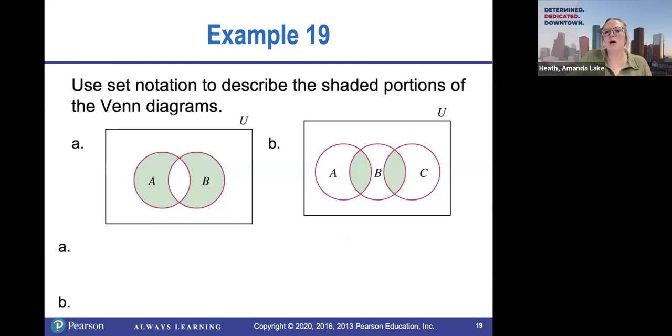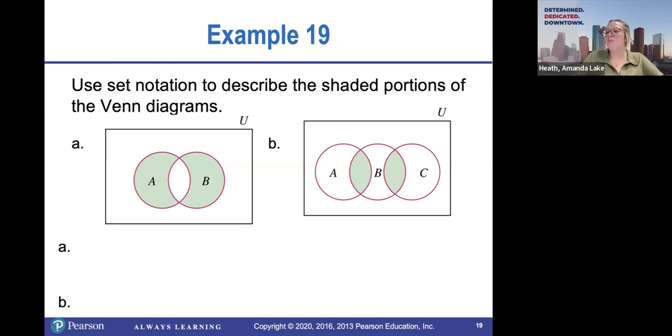All right, so we can use set notation to describe the shaded portion. So we can either have set notation and make a Venn diagram, or we can look at a Venn diagram and decide how to represent it using the set operations. So all of these examples are going to have several different ways we could think through representing them.